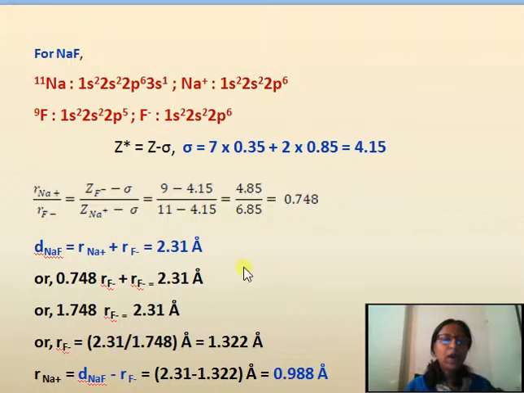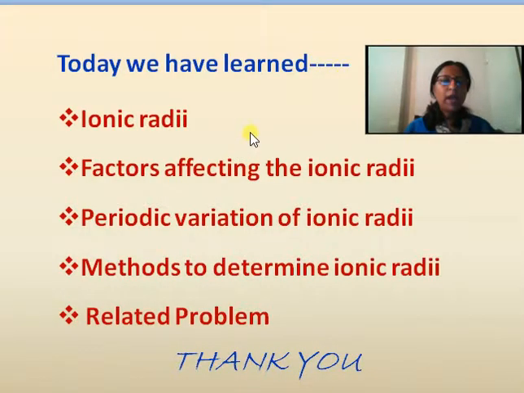Now I think you will be able to answer the questions, as you have learned how to determine the ionic radii values. Using this method you will be able to answer problems related to this part. Today we learned what ionic radii are, the factors affecting ionic radii, and the periodic variation of ionic radii.